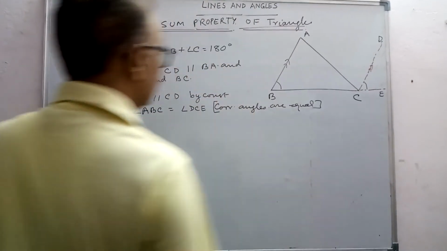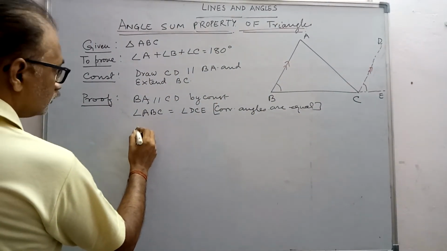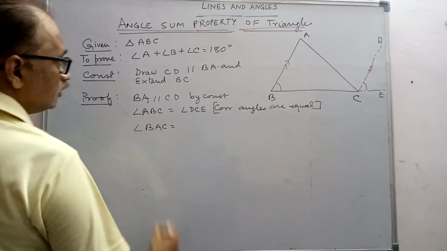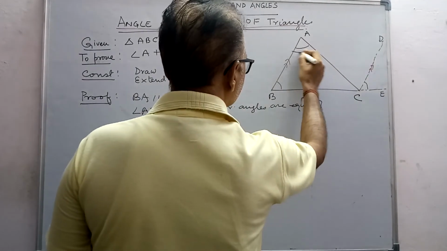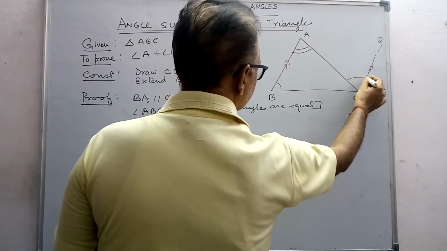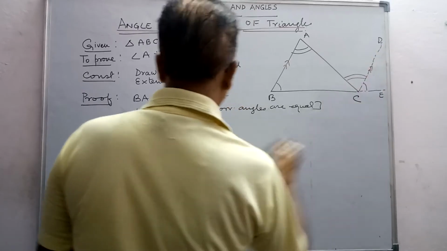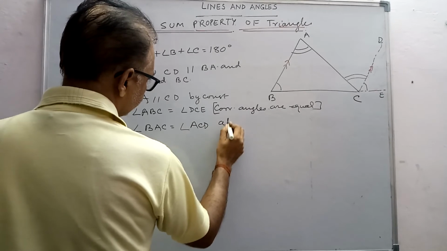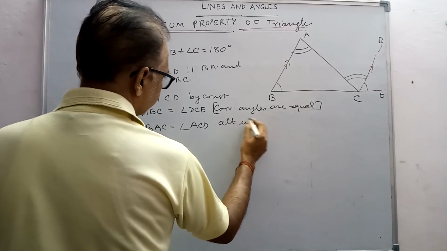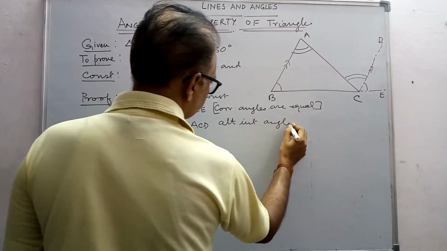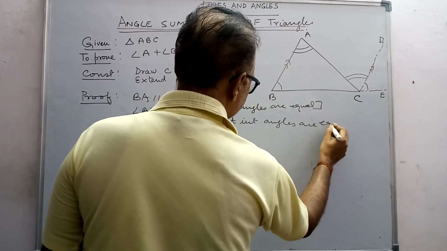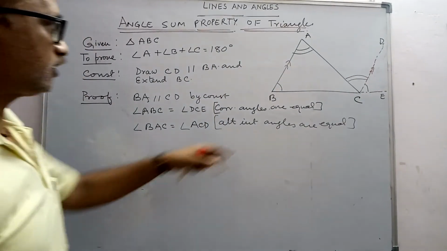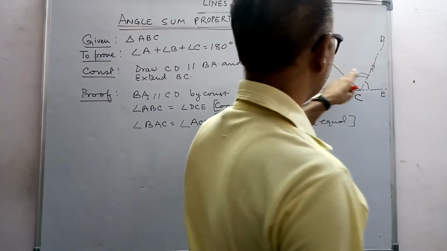Now you see angle BAC. It means this angle is equal to this angle, ACD. Alternate interior angles are equal. So you see this angle is equal to this angle and this angle is equal to this angle.